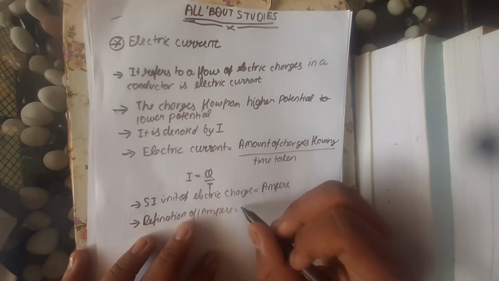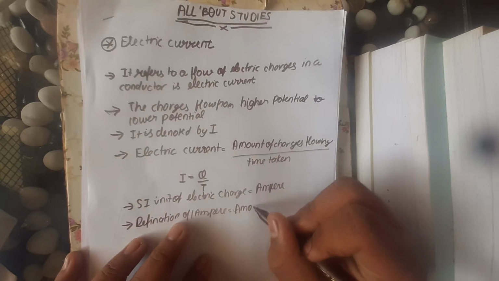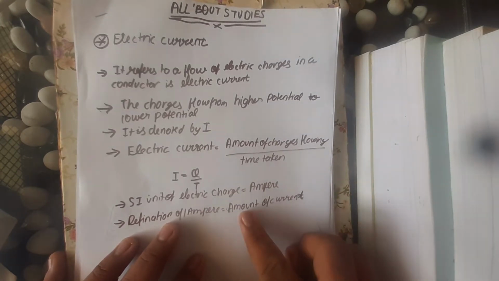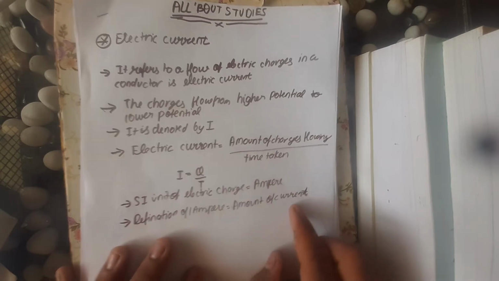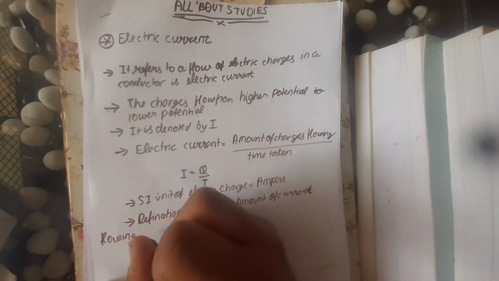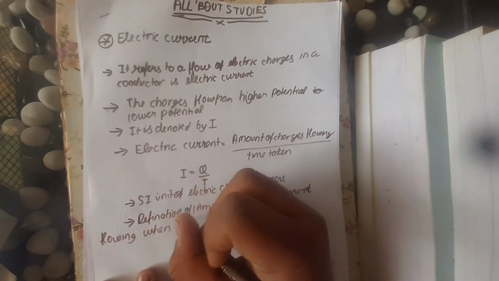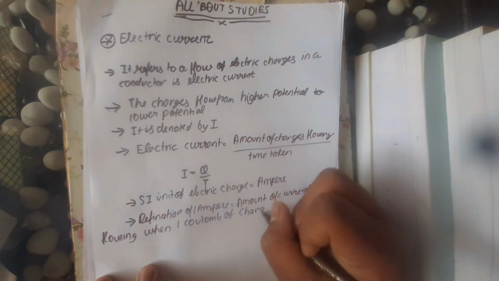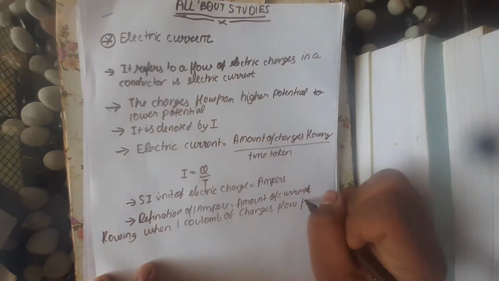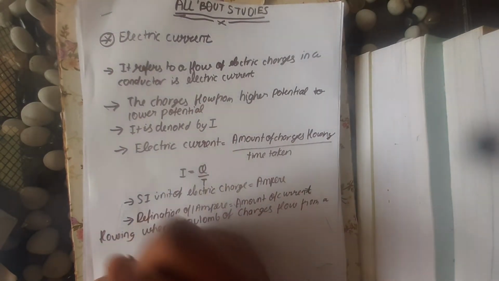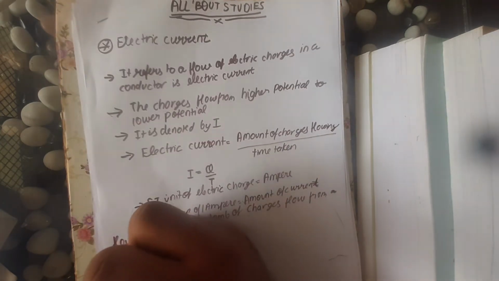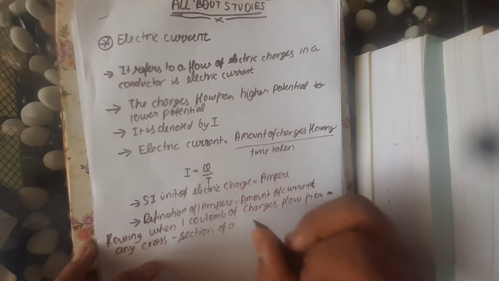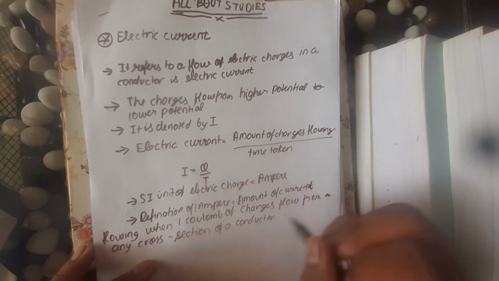So what is the definition of 1 ampere? Well, it is the amount of current, meaning here electric current, flowing when 1 coulomb of charge flows through any cross section of a conductor in 1 second.